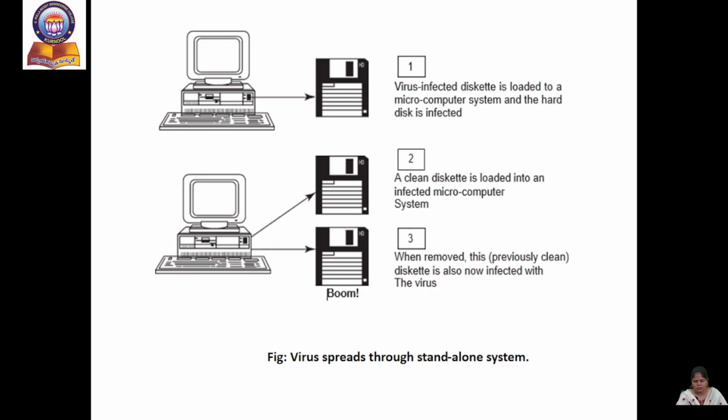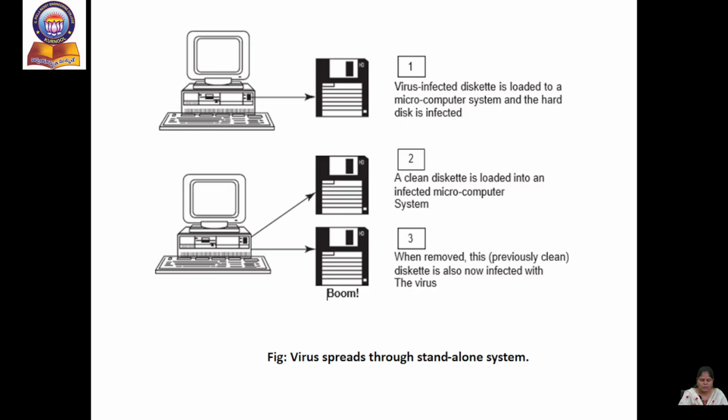In the standalone system, first a virus-infected disk, like a CD or floppy disk or some secondary drive, is inserted and loaded into the microcomputer system, and that hard disk is infected.